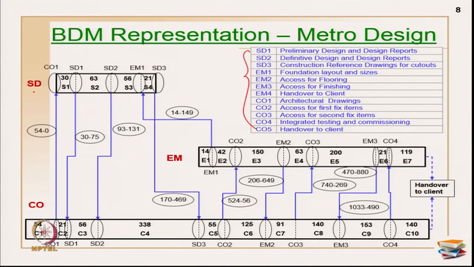This is my structural design team, electrical and mechanical team, and this is my contractor team. These are the 3 teams, and all the deliverables shared between the teams are listed here, with a short abbreviation used for each deliverable. The time duration or linkage between these deliverables is all shown here.